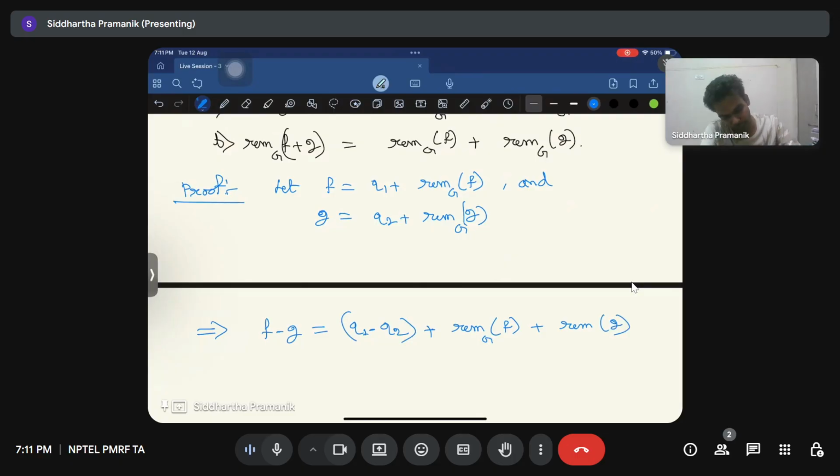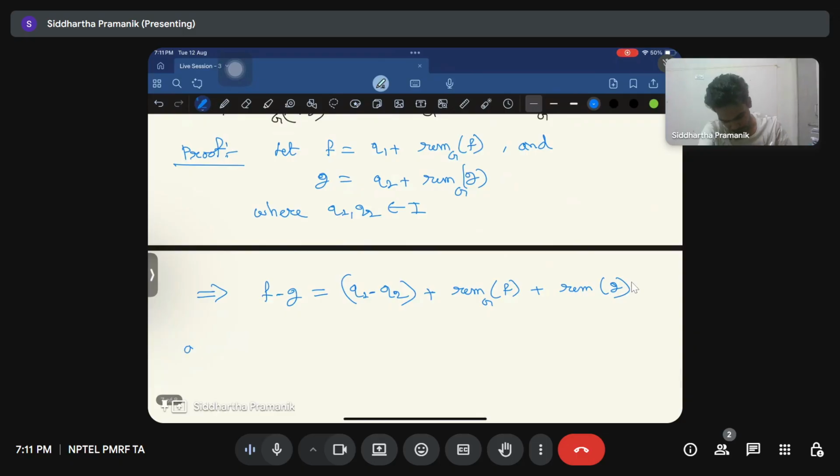Now note that q1 and q2 are in the ideal I. So now let's see part A, which says f minus g belongs to I.